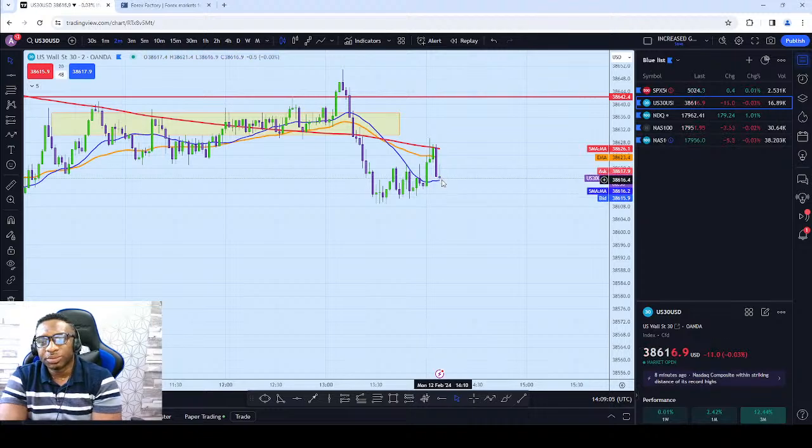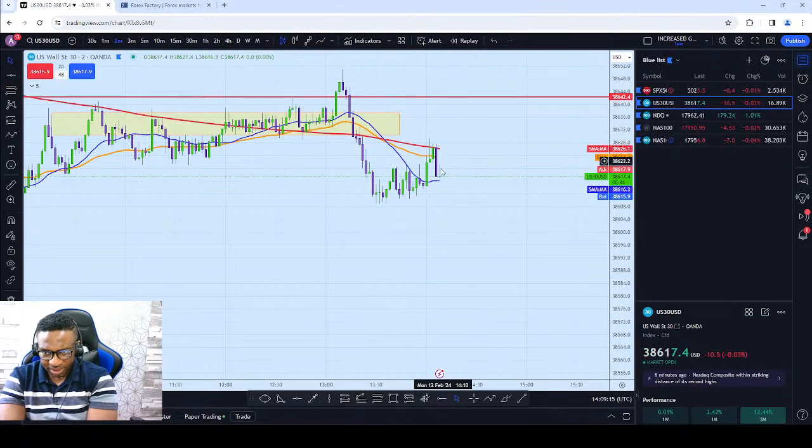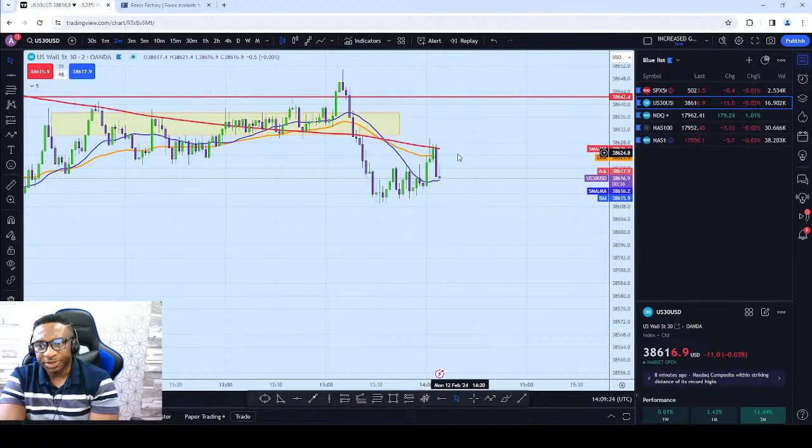So if it's going to go up, we want it to push up above here, and then we can take advantage and see where we can ride it to. That is if it's going up. If not, it can drop below the 20 moving average again.